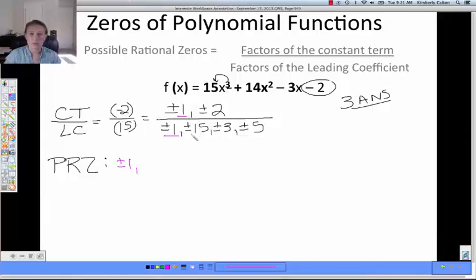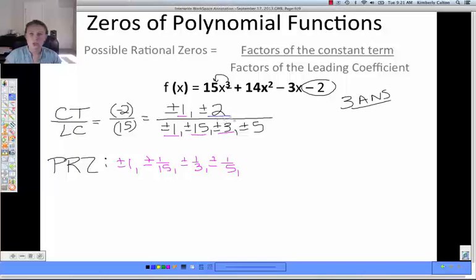We have 1 divided by 15, that's plus or minus 1/15. We have 1 divided by 3, which is plus or minus 1/3. We have 1 divided by 5, which is plus or minus 1/5. And now we're going to do 2.